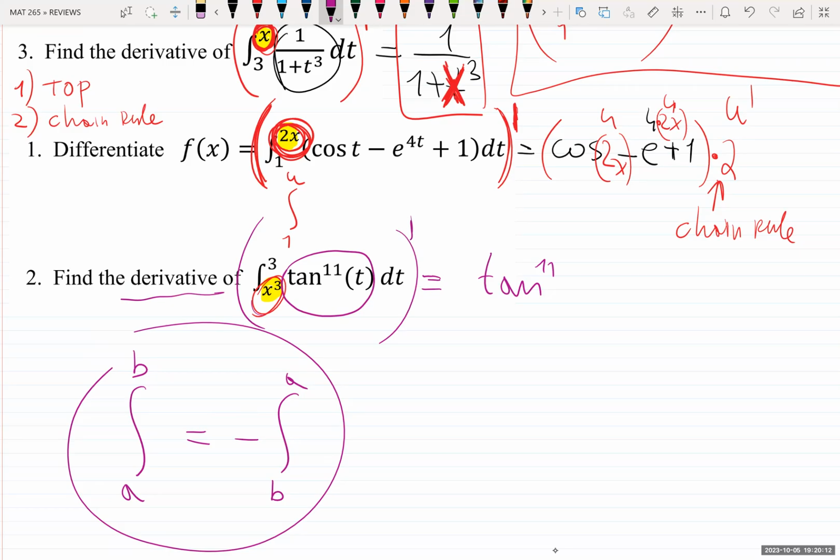That's how I know that's the weird one. That Julia says it's weird. You just copy the part inside. Okay, I copy. That's step 0. Step 1, check if the stuff is at the top. Okay, it's not at the top. Put minus. Okay. Step 2, see if you need to use chain rule. Yes, you do. Put x cubed everywhere you see t, times 3x squared.